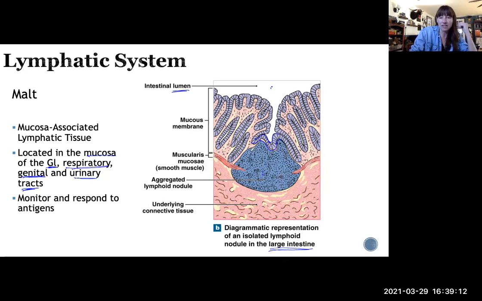And then that MALT itself, when it does receive anything from the inside of that hollow organ or the outside of the body, it's going to initiate an immune response. Okay, so the lymphocytes in this lymphoid tissue are going to go off, right?